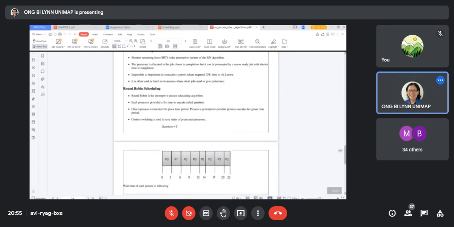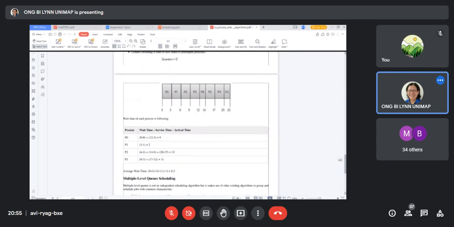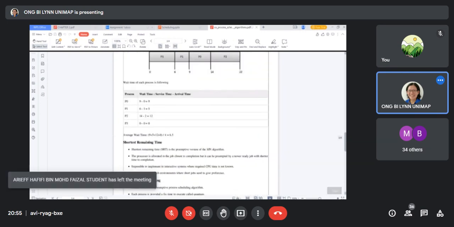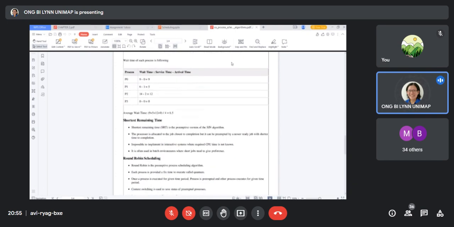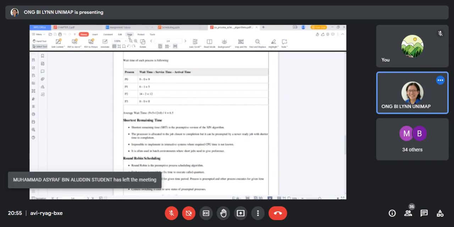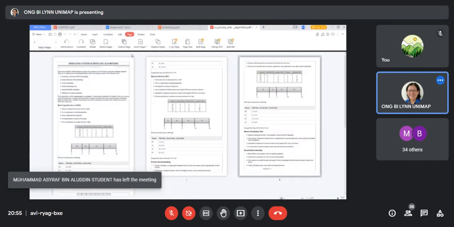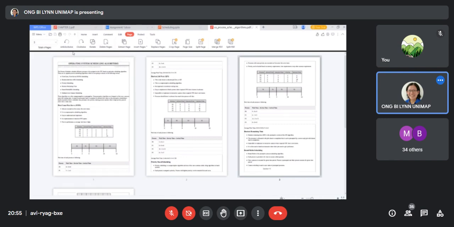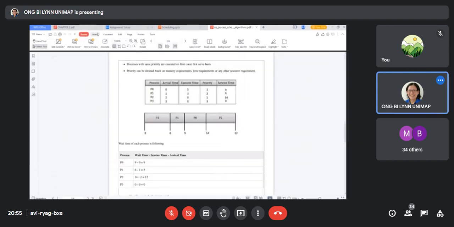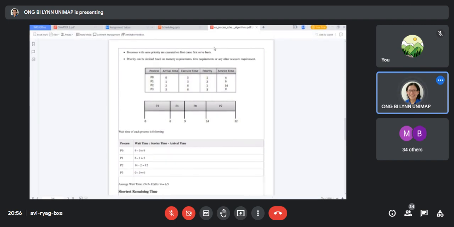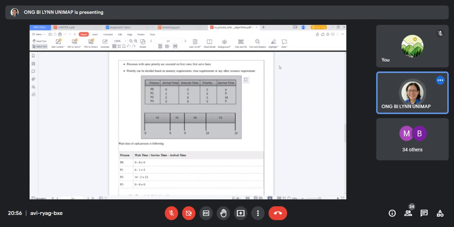Round robin scheduling. Okay, in round robin, let me see how to put 2 pages.